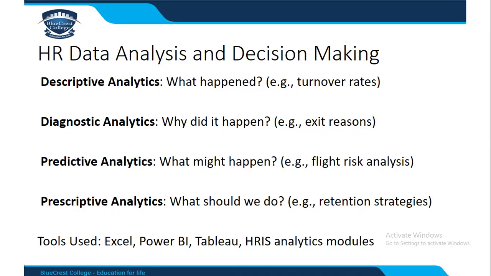Then you have the predictive analytics, where you try to forecast what is likely to happen. So based on the current situation where you have a high turnover rate, you want to predict what might happen in maybe 2 years or in 3 years or in the next 6 months. You want to be able to predict what might happen. And that's what you call the predictive analytics. Okay.